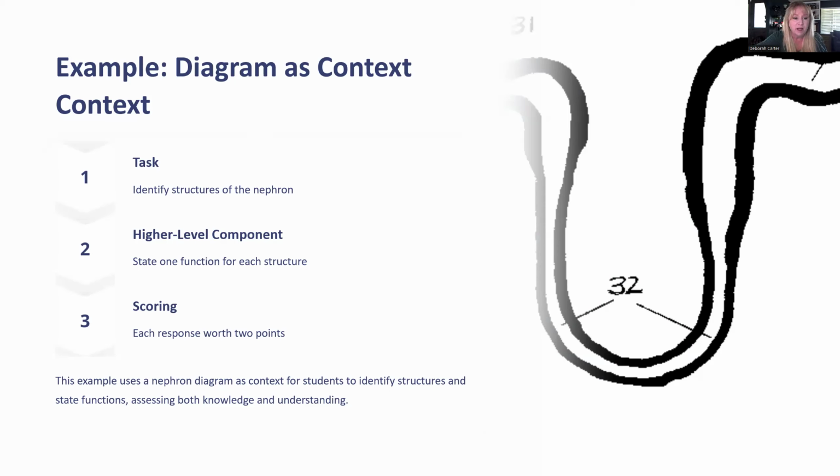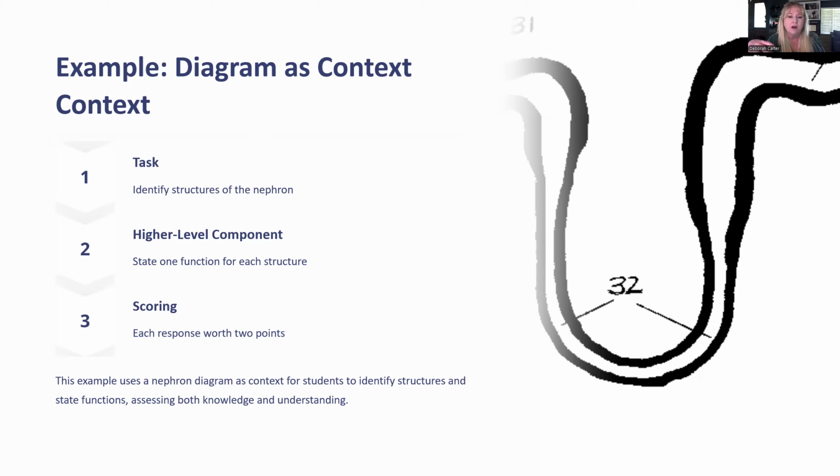Beyond identifying it, though, because that's just knowledge, they have to explain the function of each structure, showing comprehensive physiological process, and assess physiological function, pathology, clinical manifestations.